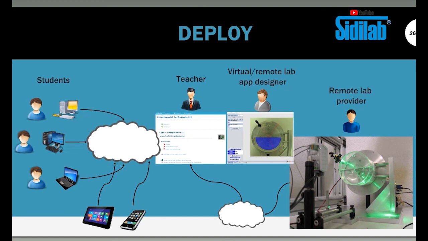For example, a lab technician in your university could be the one who developed the online lab, being both the app designer and the lab provider, while you are the teacher that manages the learning of students and grades them. Or it could be that you prefer us, Nebulous Systems, to be the app designers of your online labs.